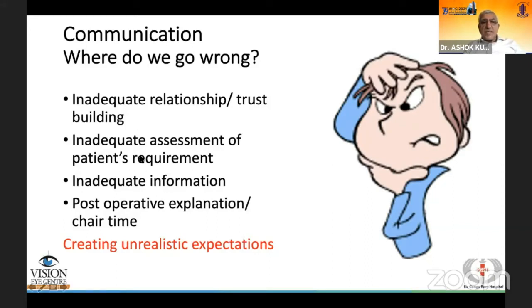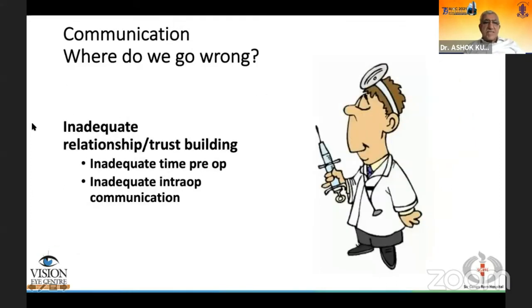And if we do not give adequate information on all aspects. Also, if the patient expects post-operative chair time, that needs to be given to him. So if these 4 areas are taken care of, then we generally would have a relationship which would go a long way and would not result in unexpected legal challenges and so on. But the biggest bugbear often is unrealistic expectations, which again goes away if we understand the patient and if we do not overpromise. So let's look at all these.